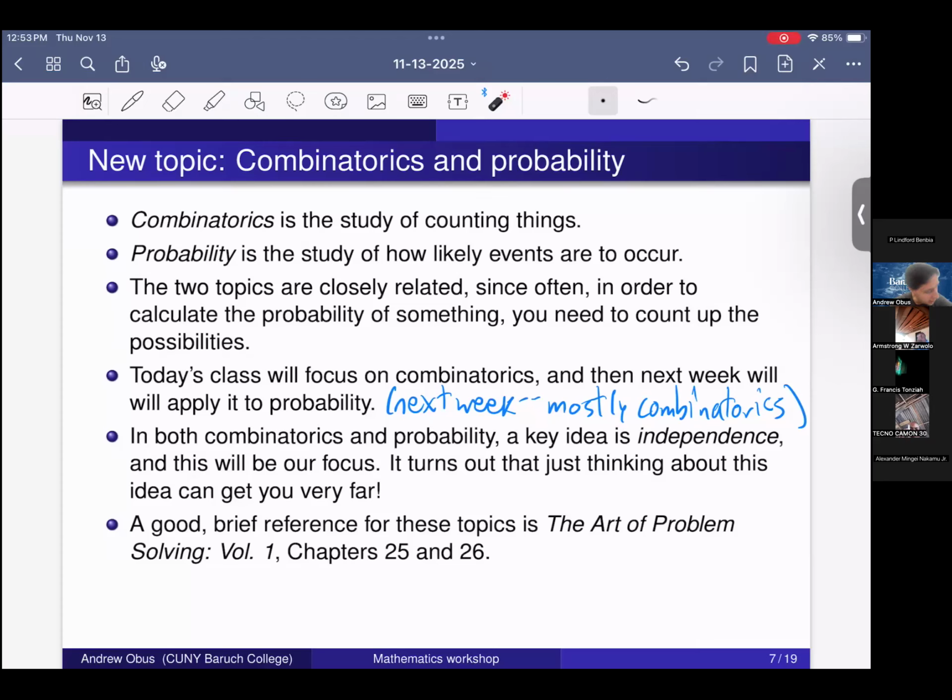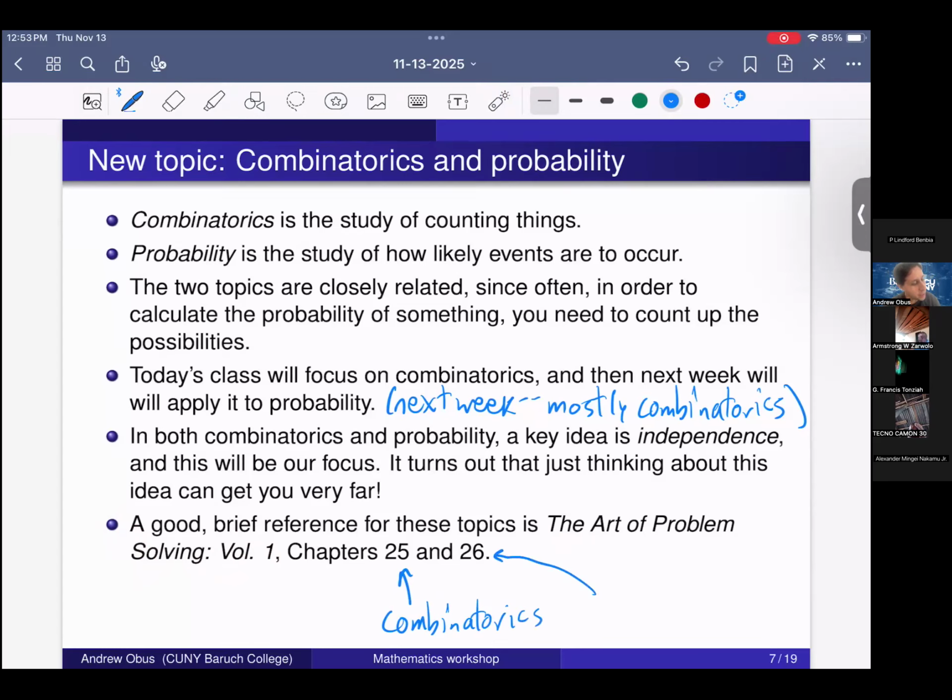Okay. And I'll give a reference for these topics. This textbook that I sent, The Art of Problem Solving, Volume 1, chapters 25 and 26. So 25 covers combinatorics, and chapter 26 here covers probability. Okay, so these are nice brief references.